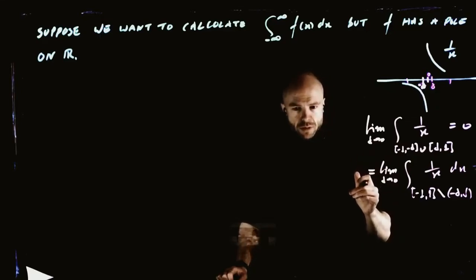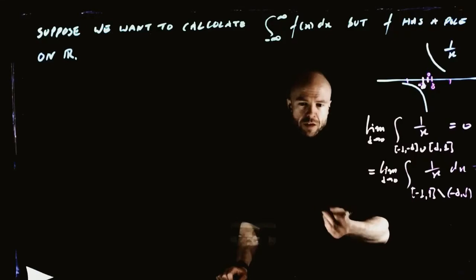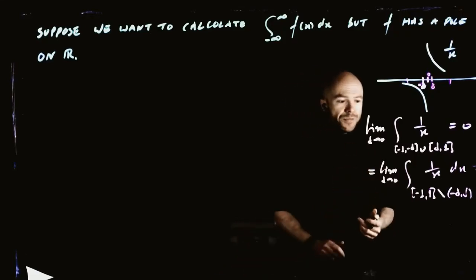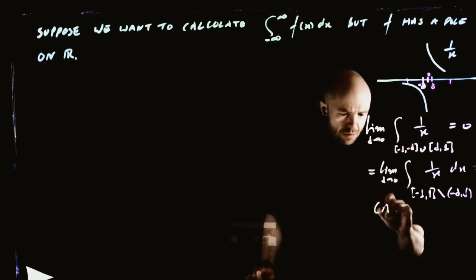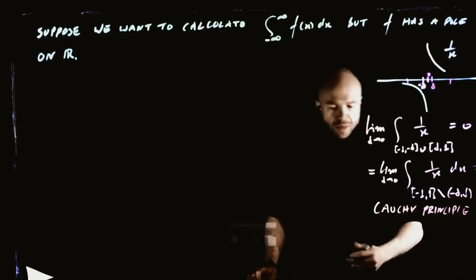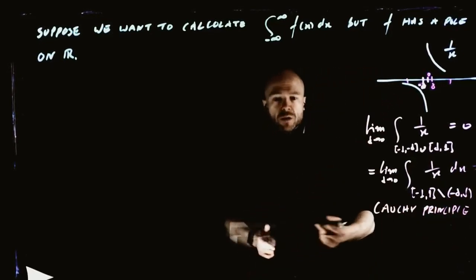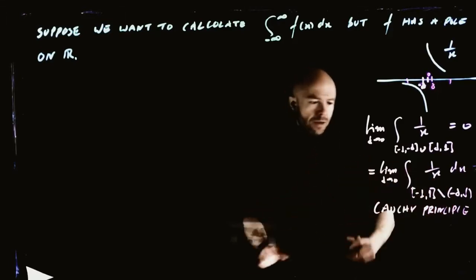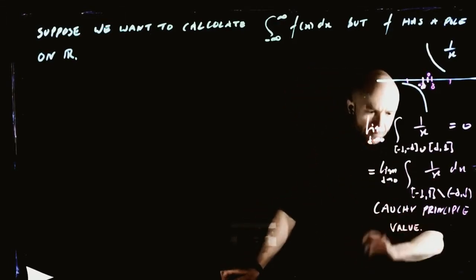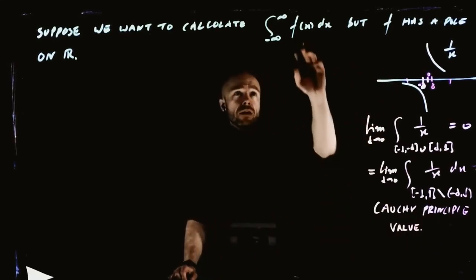So this is also called Cauchy principal value, but in a somewhat different sense. And this is actually really useful because there are many very important integrals we need to calculate where we have to think of it in this way. And that's how we're going to consider these guys.